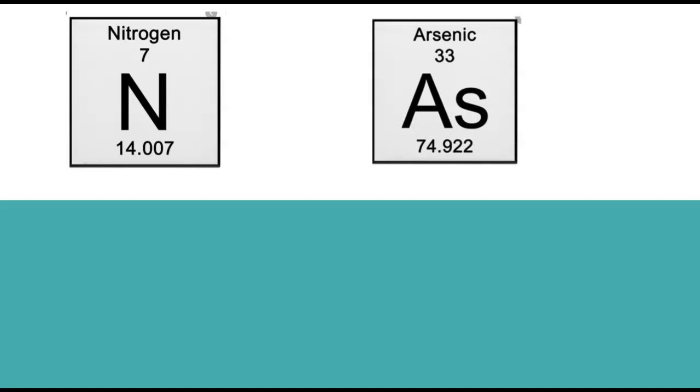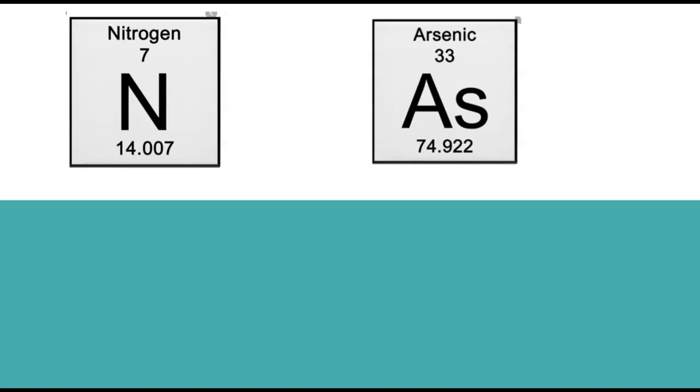And so we'll use two examples here. You'll notice on the left we have nitrogen. On the periodic table, it tells us that nitrogen has 7 protons. And that means that we can figure out what the number of neutrons are based on the atomic mass, and that is always found on the bottom of the periodic table. In this case, it's 14.